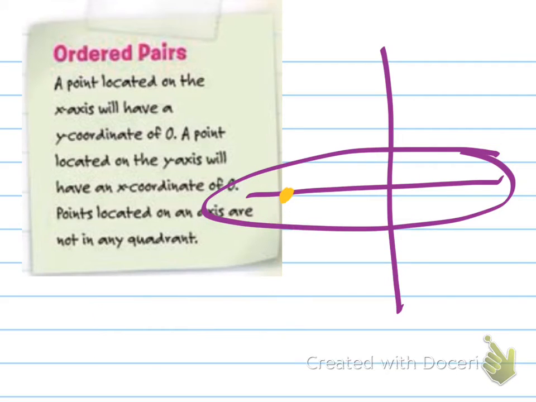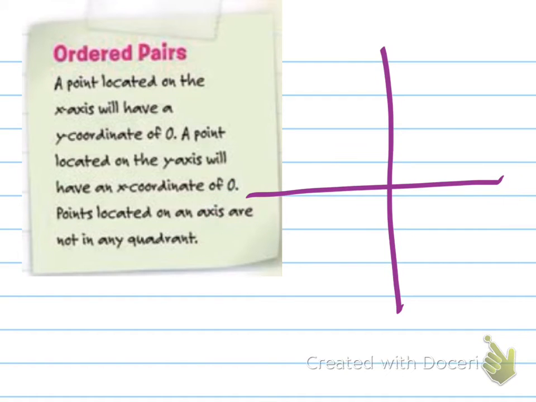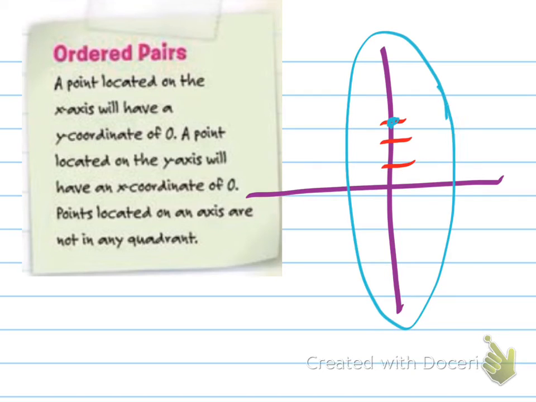Now, opposite to that, the same thing is true if we're on the y-axis. So let's say that we land right here, on the y-axis. Our x is still 0. Remember that this dot right here was 0? So if we're on the y-axis, our x is now 0.